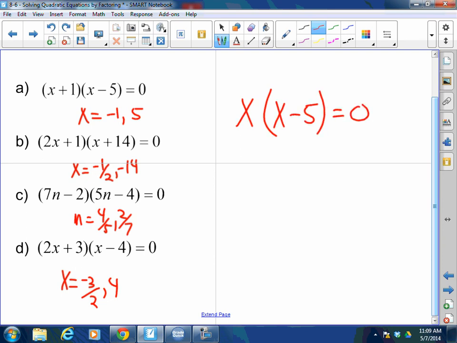What would the solutions be here? x will equal 0, and x minus 5 will equal 0. So x would equal 0 and 5. You set every factor equal to 0 in order to solve quadratic functions that you can factor. Does that make sense?